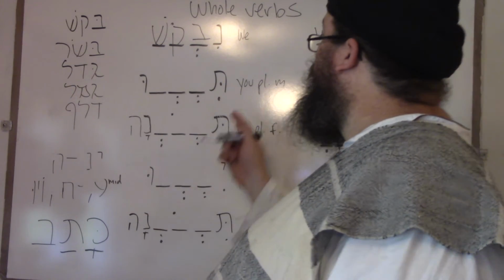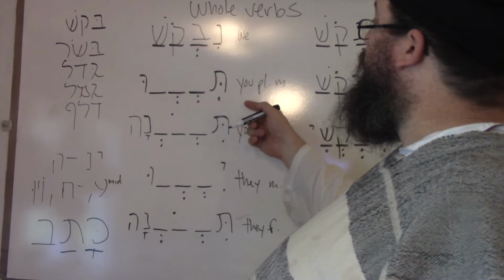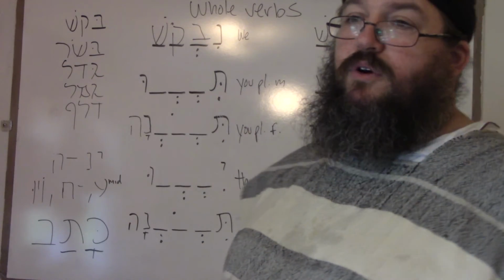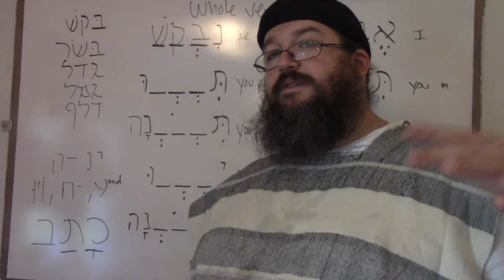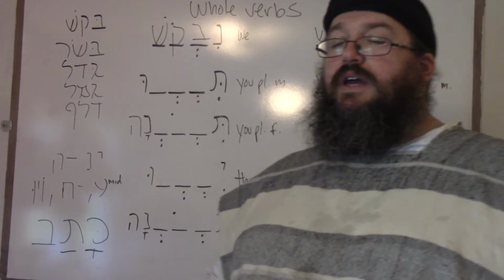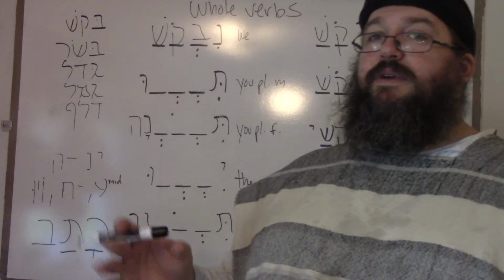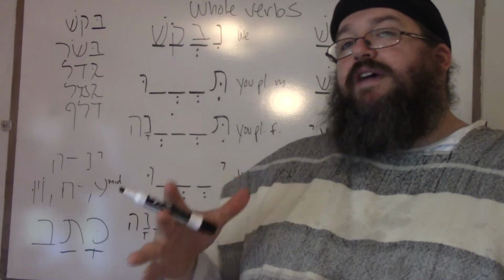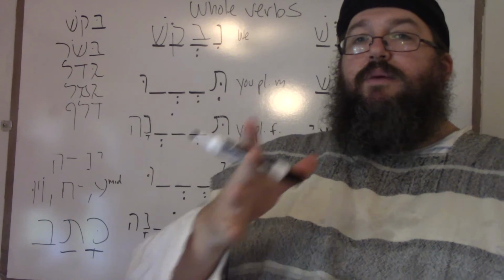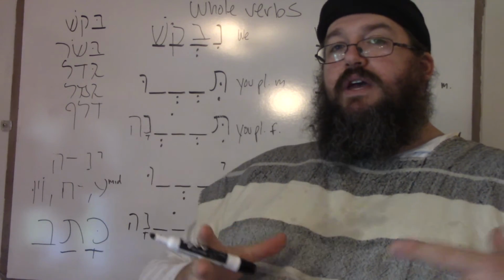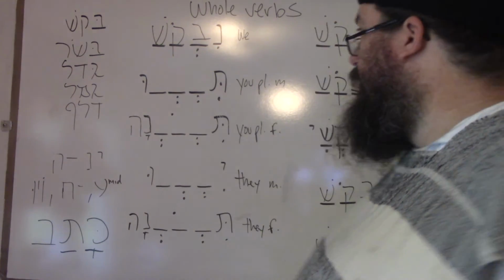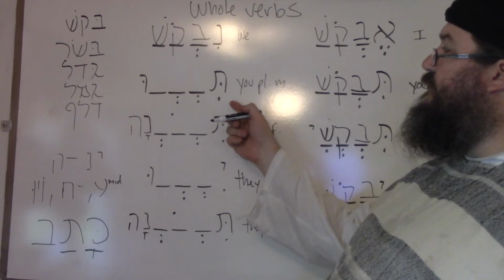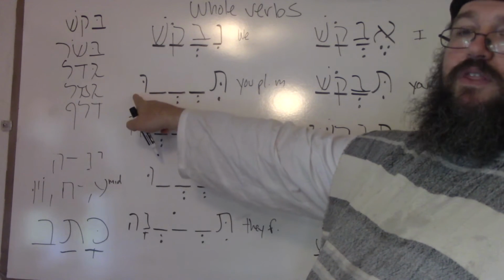All right? Now we're going to do the second person plural masculine form, which is used for both males and females collectively together. And as you can see, I repeat this a lot because it's important to remember that masculine forms always bring both males and females together in that form. Okay? So here we have the tav and we have the u.